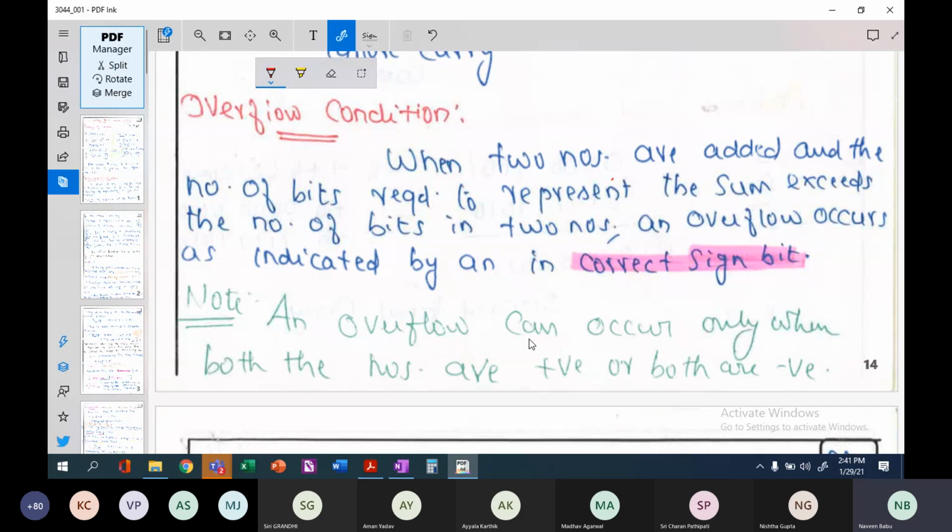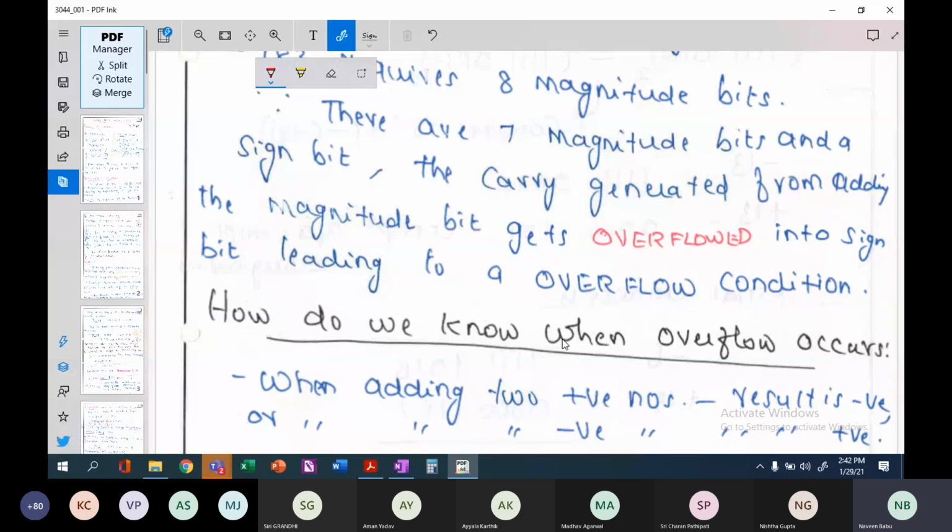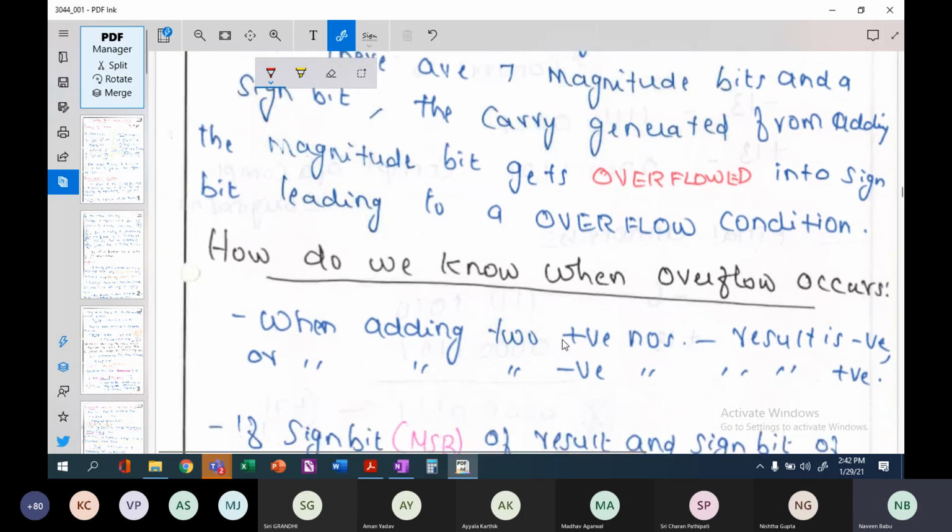Okay, so how do we overcome this problem of overflow? Before that, you must know when this overflow will occur. Say for example, I'm adding two numbers, plus 12 and plus 94. Please note here, this 1 needs to be accommodated, but this 1's position already holds a sign bit, so that will alter it.